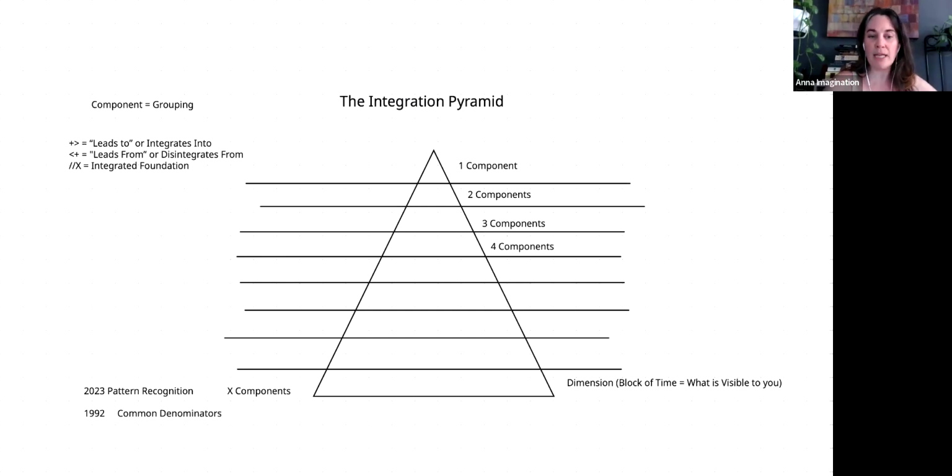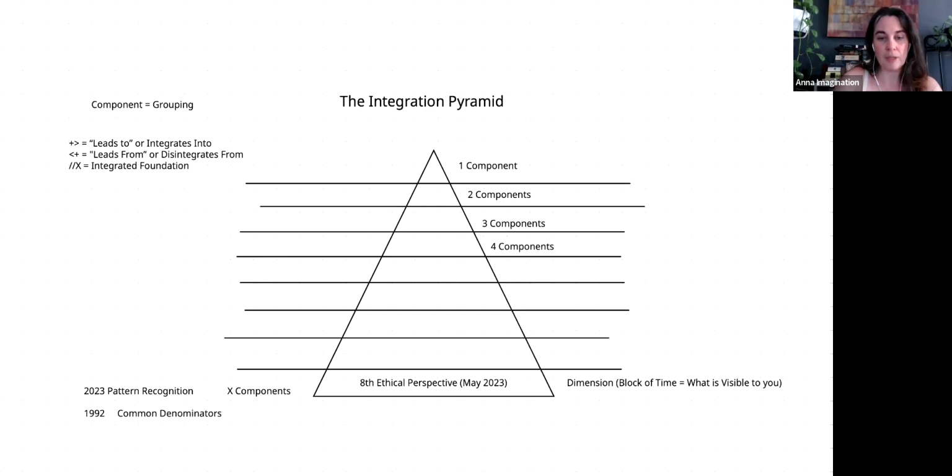Now, at this point in 2023, when I did pattern recognition, I was at the 8th ethical perspective. May of 2022, I was at the 6th ethical perspective. May of 2023, though, that is when, I remember the day.